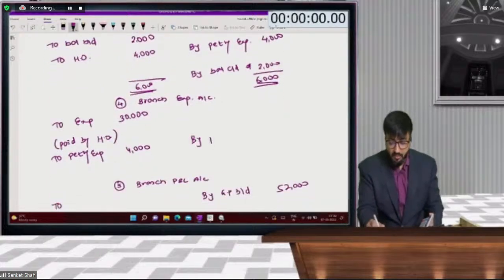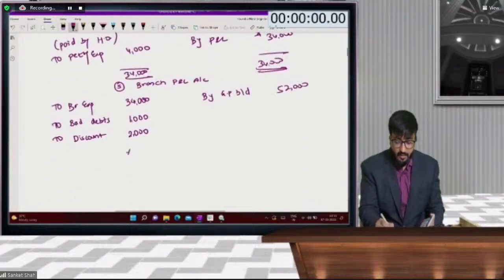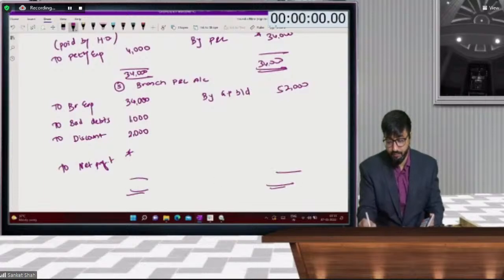Branch expenses will be transferred to P&L, 34,000. And on the first line, you can write branch expenses 34,000. And you will get the balancing figure, net profit, which is transferred to profit and loss account.